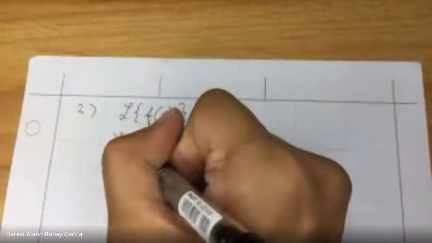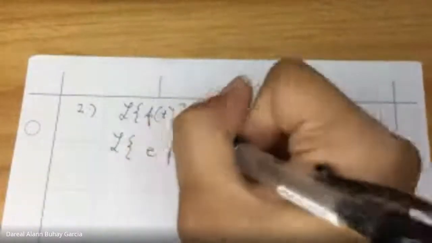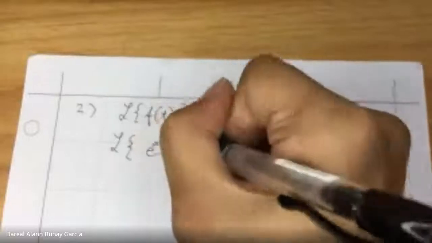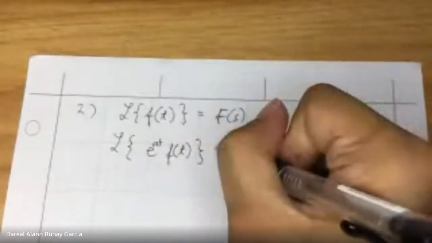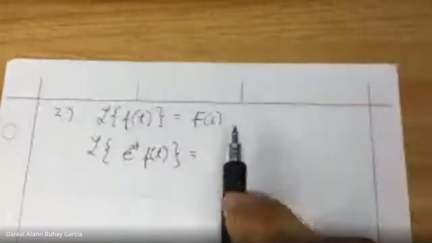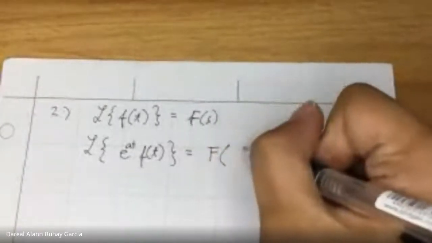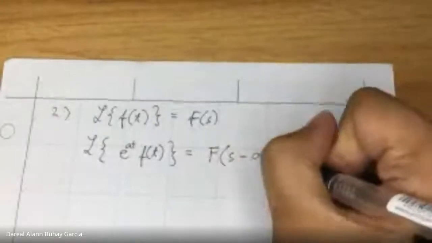But if our given function is that function times an exponential function, e to the power of something t, the answer is f times s minus a. No?